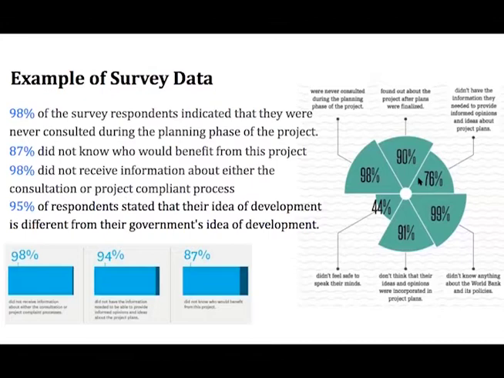This is one example that we use. 98% of the survey respondents indicate that they were never consulted during the planning phase of the project. 87% did not know who would benefit from this project. So there are numbers that mean something, right, based on community responses.